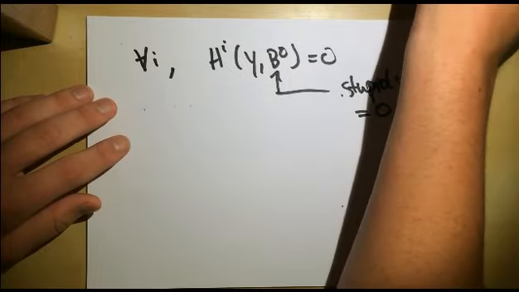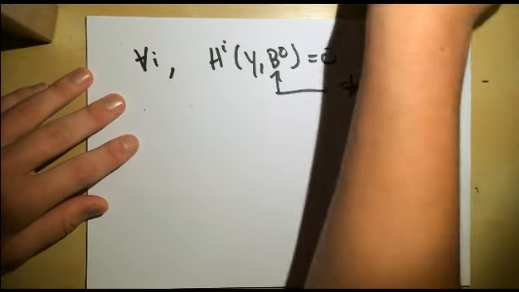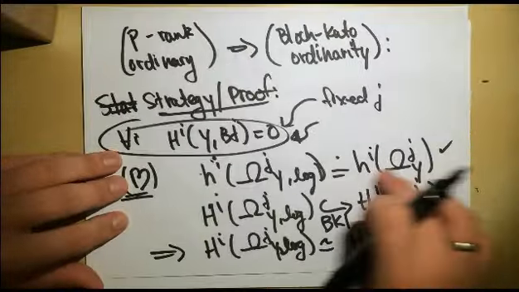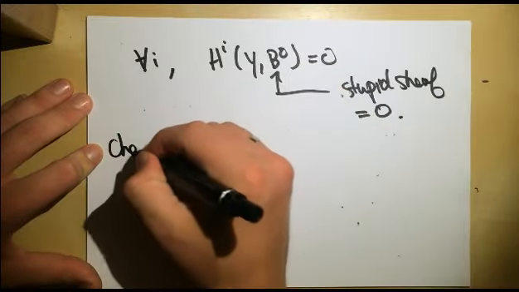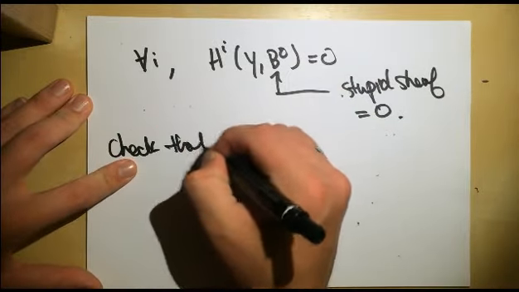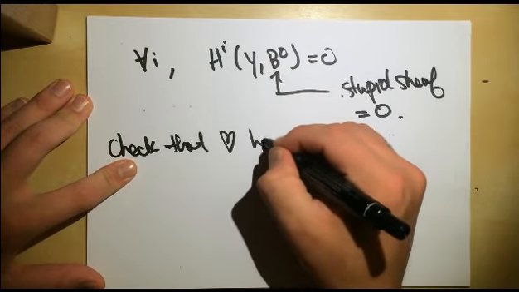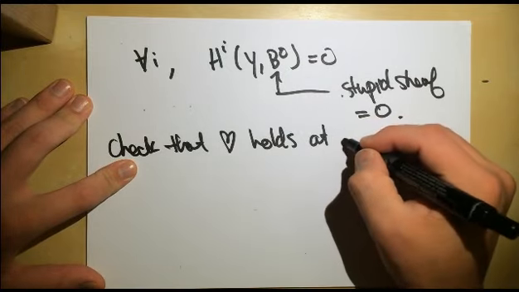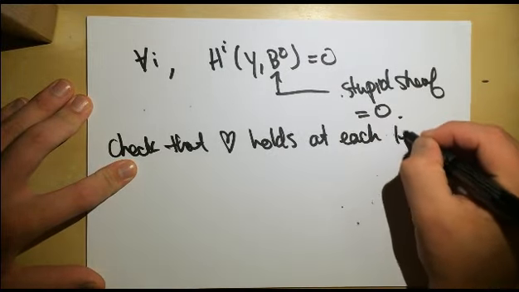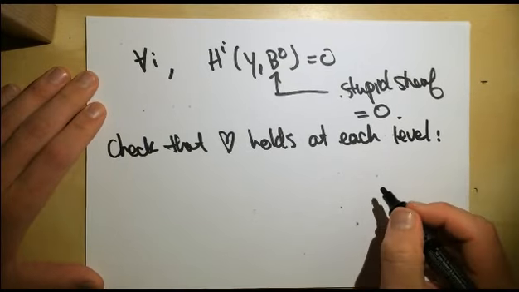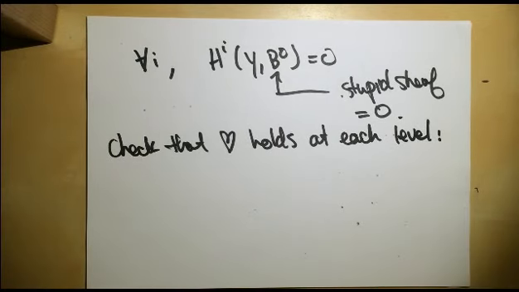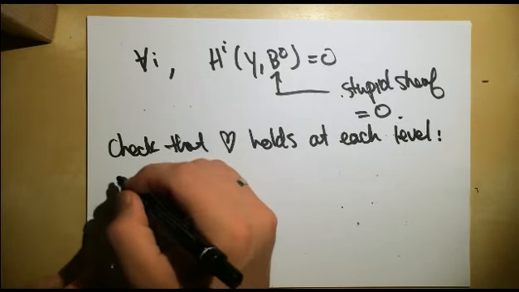The last thing that we need to check is that this Hart thing holds at each level. Okay, so let's check that Hart holds at each level. So how do we do this? Well, to do this, we simply use some cohomology here.